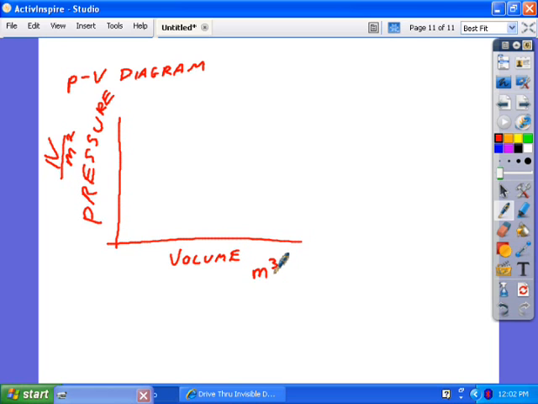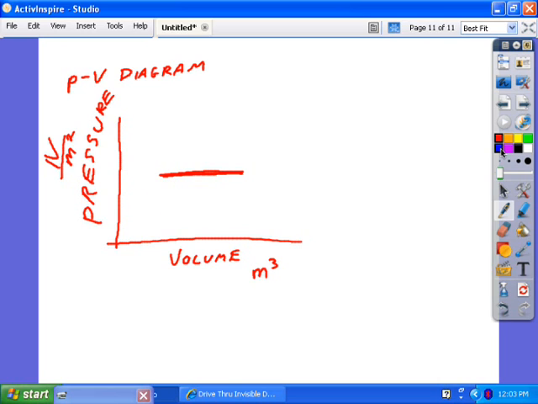So, let's say that I am dealing with an isobaric situation here. In other words, my pressure remains exactly constant. You can tell it's constant because we have a horizontal line here. Right? There is work being done for this volume to expand from one value to the next over this constant pressure problem.